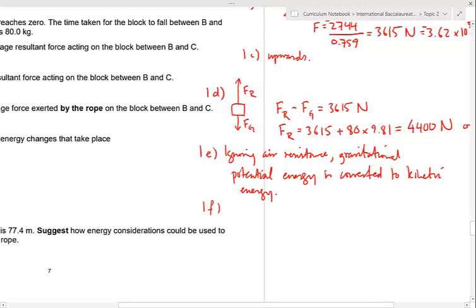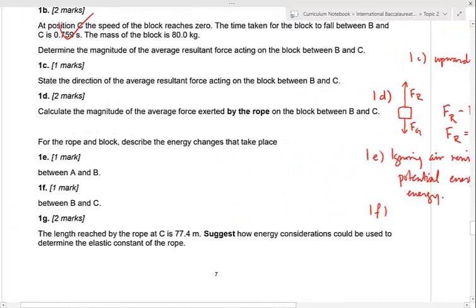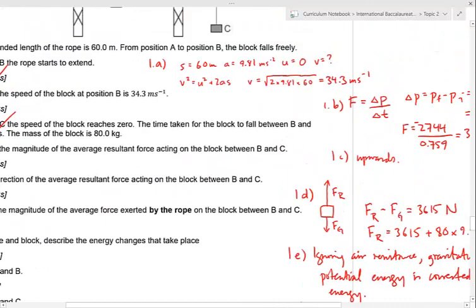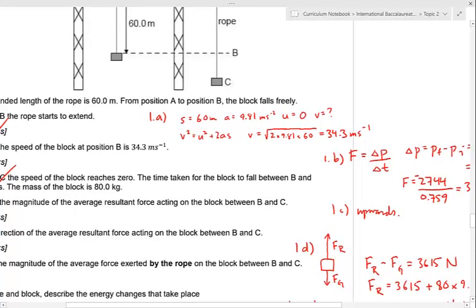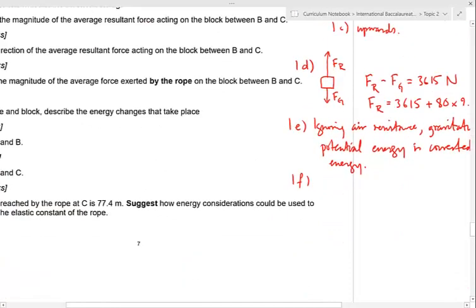1F is between B and C. So the main change between B and C is that the rope is stretching. So we're getting kinetic energy and gravitational potential energy is being lost.